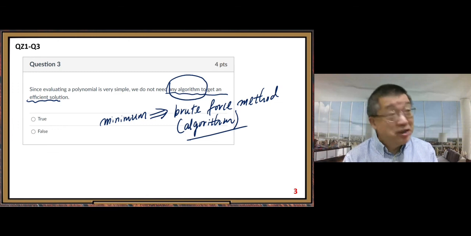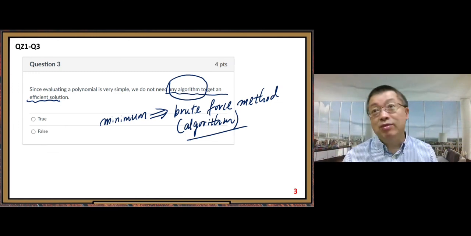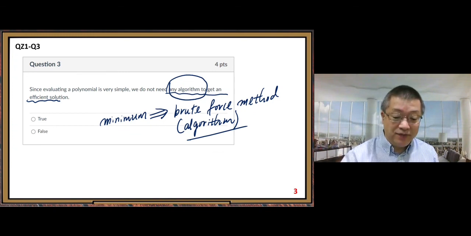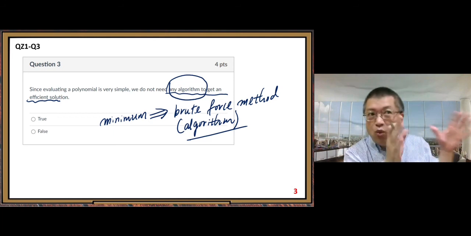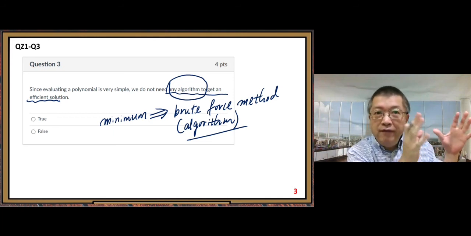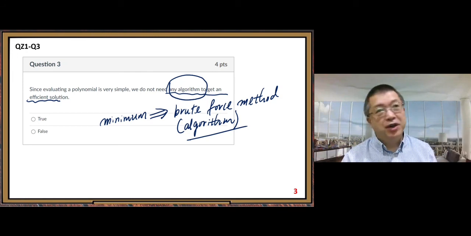You can say you do not need any advanced algorithm. That's probably okay. But if you say you do not need any algorithm, how can you get a solution without any algorithm? So that's one angle to view the statement. But that's not enough.